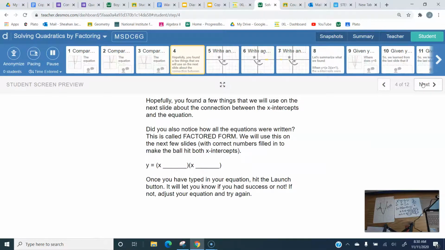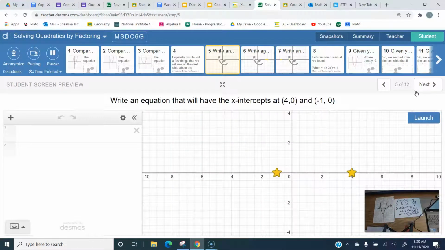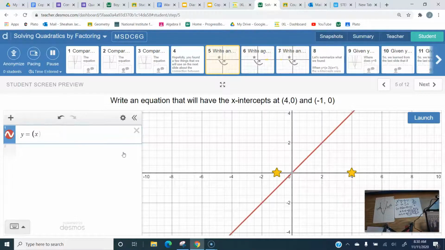And then eventually, you're going to get to these equations where you're going to see 2 stars. Okay? And they're going to want you to create an equation. Y equals. Use your parentheses, and you're just going to want to make the opposite of what you have here. So here you see I have -1, so I'm going to put +1 instead of -1.